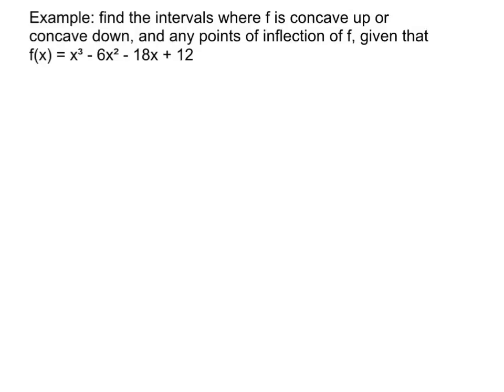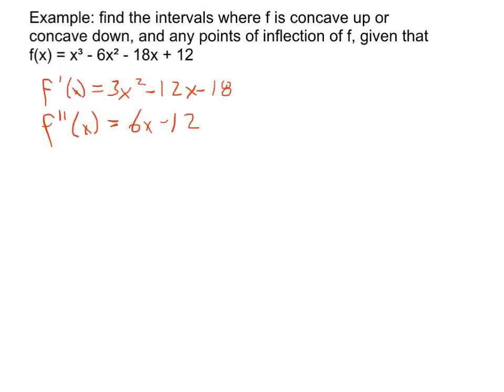This is a good one for you to try on your own if you're up for it. Yeah, we just go through the 5 steps. So step 1 is where we need to find the places where the second derivative is 0 or undefined. So we know f prime of x is 3x squared minus 12x minus 18. We know that the second derivative is 6x minus 12.